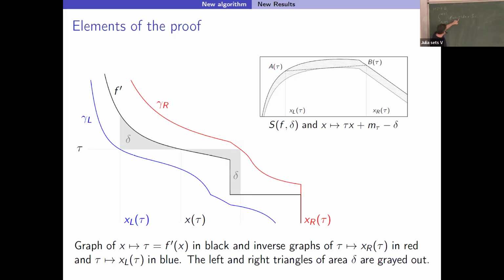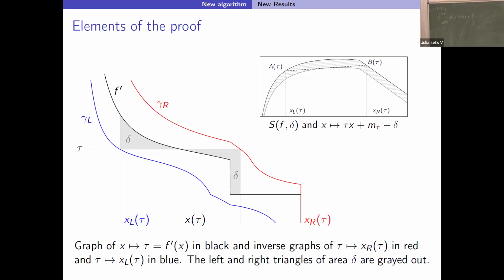So this is what I integrate. So I integrate from here the derivative. So of course it is the area under the graph. And that's how I get this coordinate, the left coordinate, such that the area here is exactly delta.